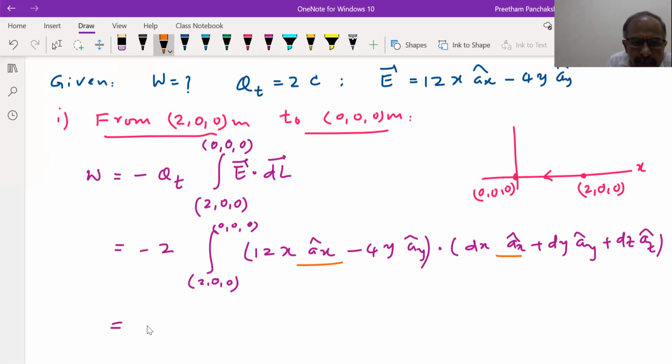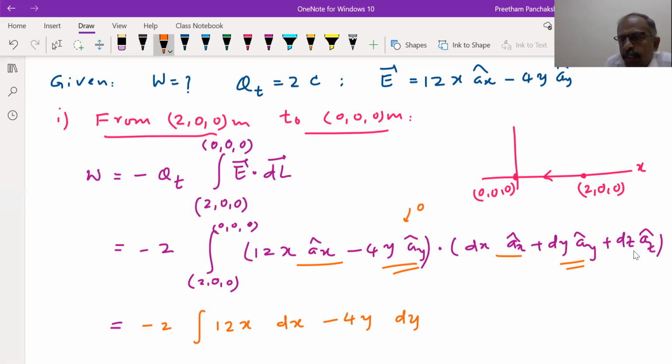The x components are multiplied together, minus the y components multiplied together. And the z component is 0 because a_z is not given, so 0 into dz is 0. That doesn't exist.